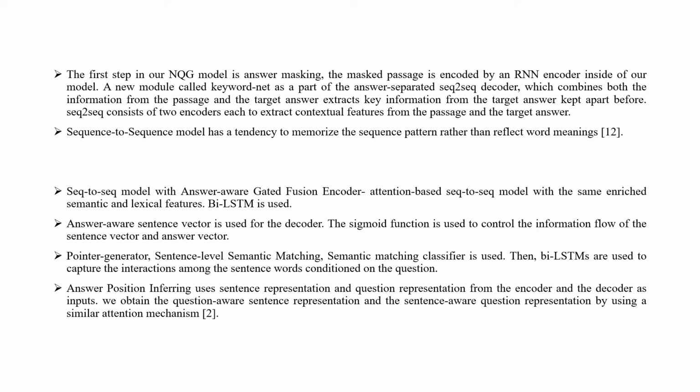One answer-separated module is made, and that will focus on the answer only, meaning what will be the answer of the question that we have to generate. That answer will be focused on this answer-separated network, which combines information from the passage and the target answer, and extracts key information from the target answer kept apart before.